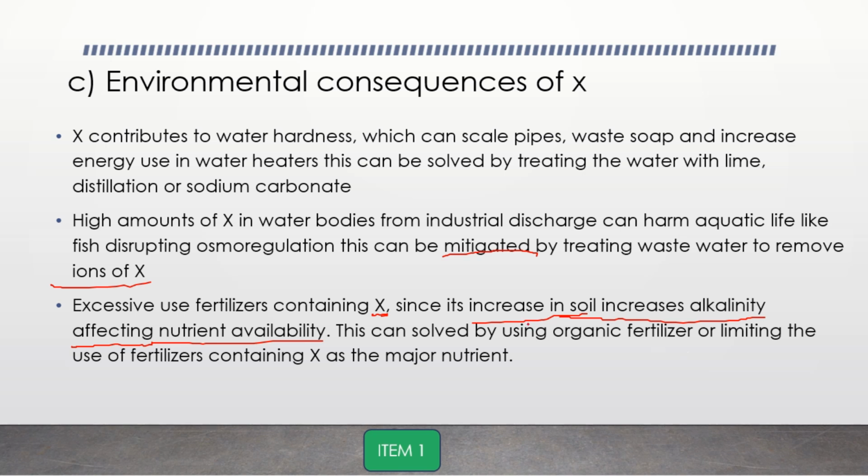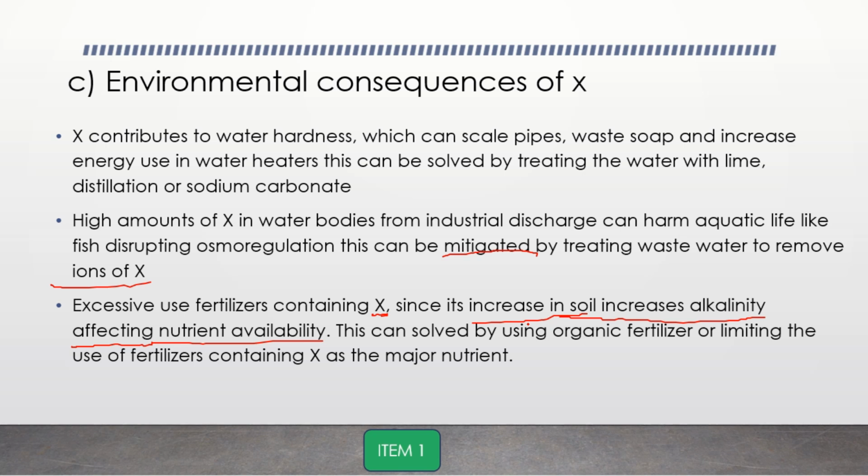So when we overuse fertilizers containing magnesium, remember we said it is an alkaline substance or an alkaline earth metal. Therefore, whenever it gets into combination with water, the solution formed is an alkaline solution, and therefore if there are very many, it means that soil shall be highly alkaline.